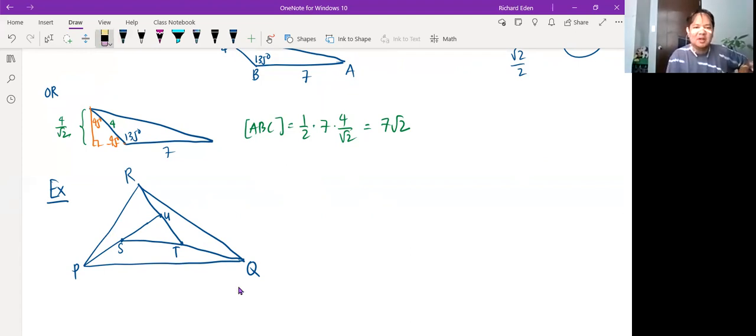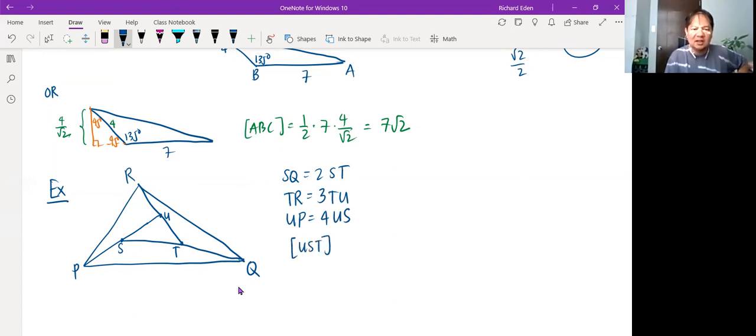Let's make it like this. SQ is twice ST, and then TR is 3 times TU, and UP is 4 times US. Suppose the area of triangle UST equals 5.